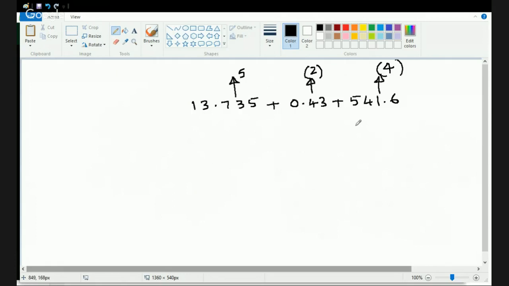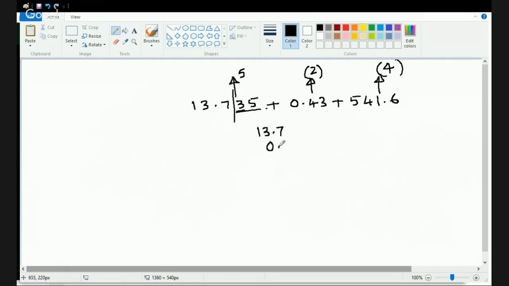Our technique is one thing. Before starting the operation, you must round off the digits to 1 greater than the least number, which means that the least significant figures are 2. 2 plus 1, 3. You should have 3 here. When I want 3 here, I will put one line like this, that 3 less than 5, it will be dropped. I will treat that as 13.7 only.